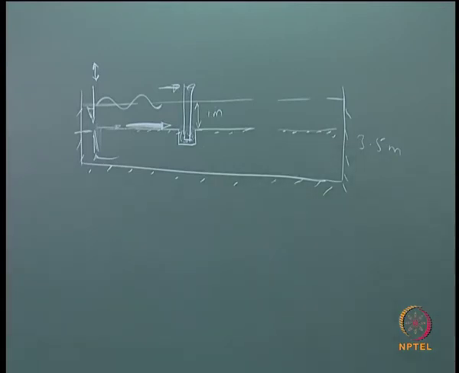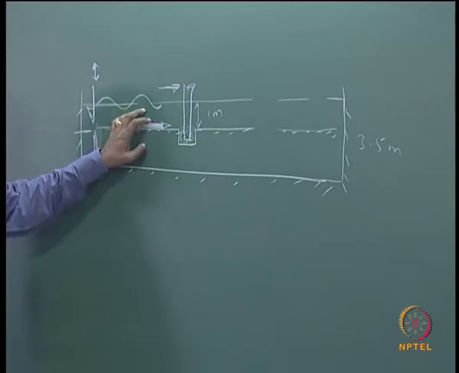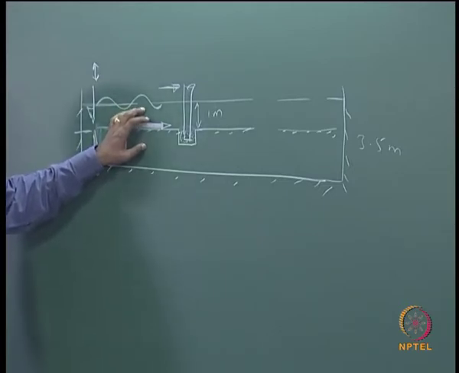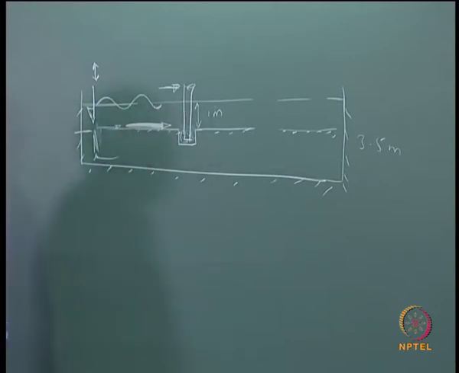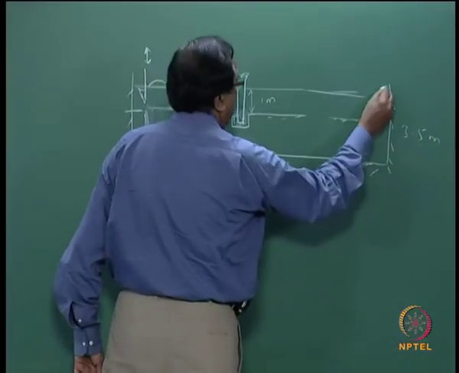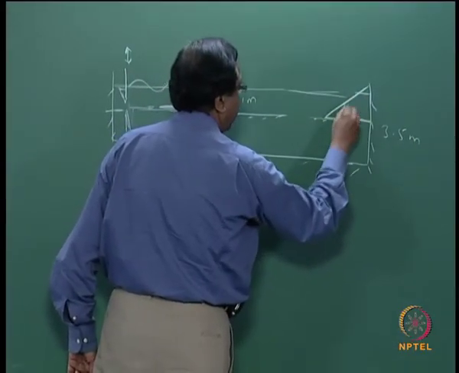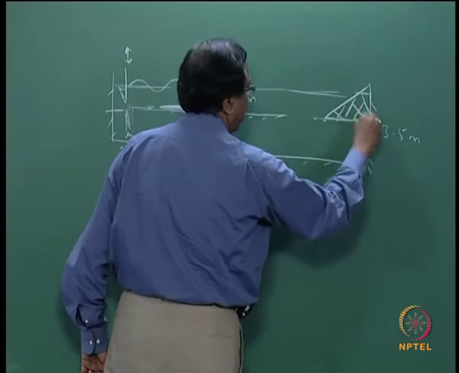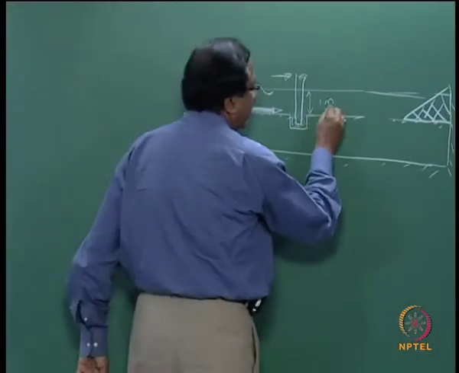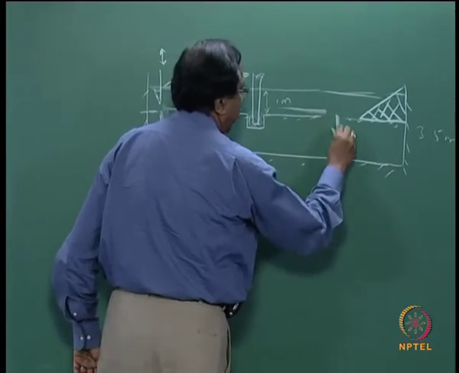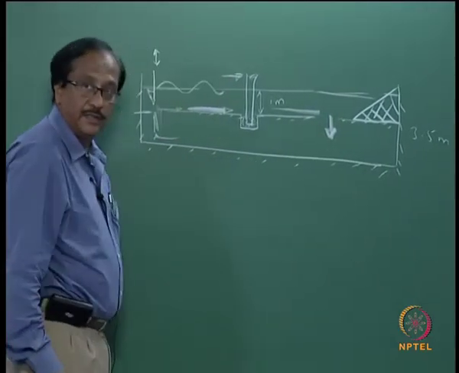In addition to the loads due to the combined effect of waves and currents on the structure. So, this was the concept. Of course, we had a wave absorber on the other end. So, this current, this will be acting as a sink.